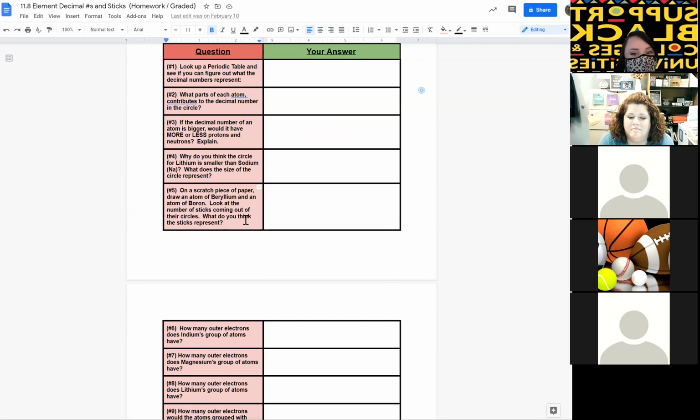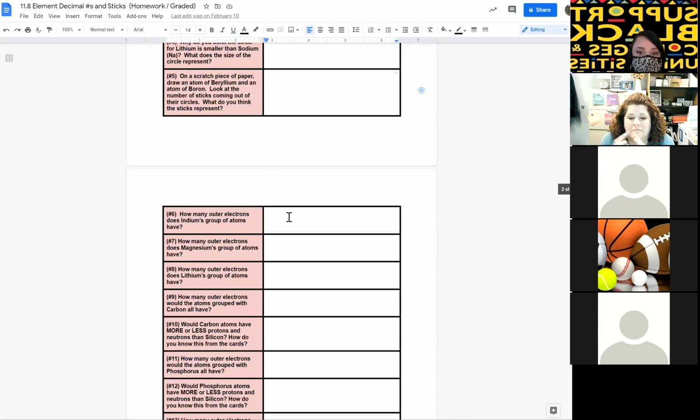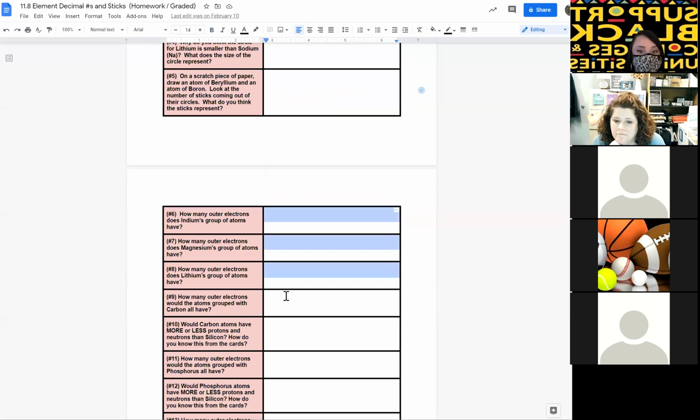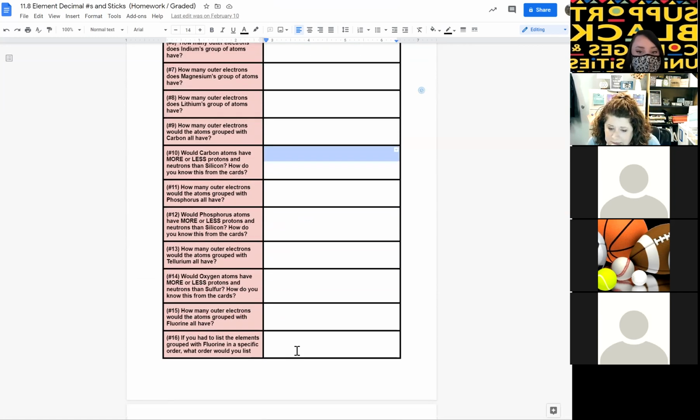Then look at how many sticks they have coming out of the circles and try and figure out what you think the sticks represent. Okay. Once you figure out that, you'll need that answer to answer questions following that. Okay. So today's homework is really relying on you to connect and apply what we've already learned about atomic structure, atomic weight, atomic number, to make sense of the rest of the information on the cards.